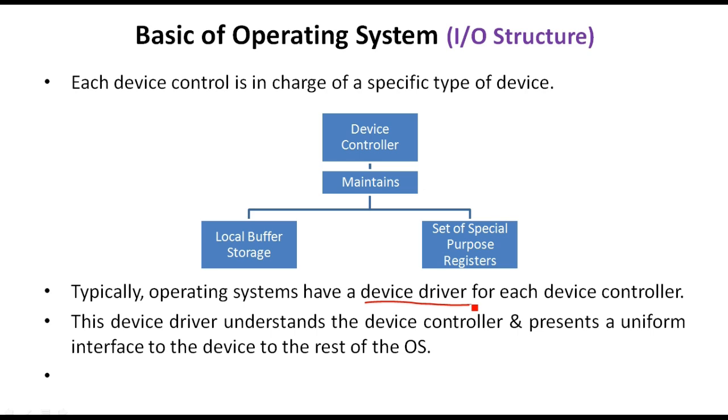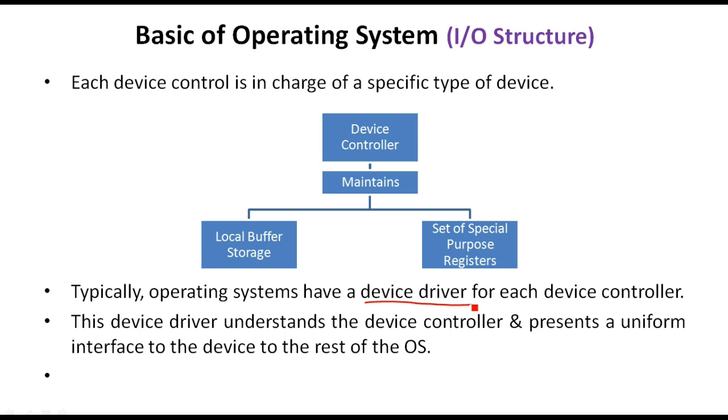The device driver is the software to control the device. The device controller is responsible for moving the data between the peripheral devices that it controls and its local buffer storage. And the operating system has a device driver for each device controller.